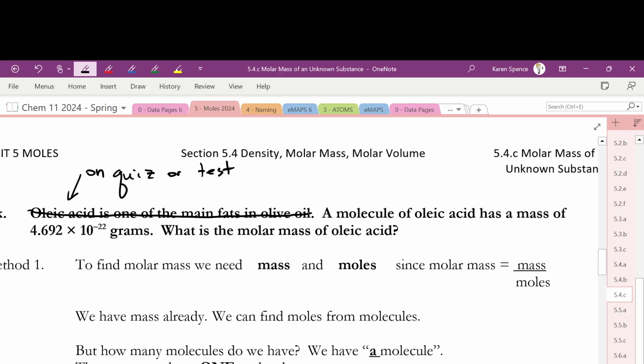A molecule of oleic acid has a mass of 4.692 times 10 to the negative 22 grams. At this point, about half the class will ask me, what's the formula of oleic acid? Because I need to find its molar mass. And I will not tell you because I don't know the formula of oleic acid, nor do I care.